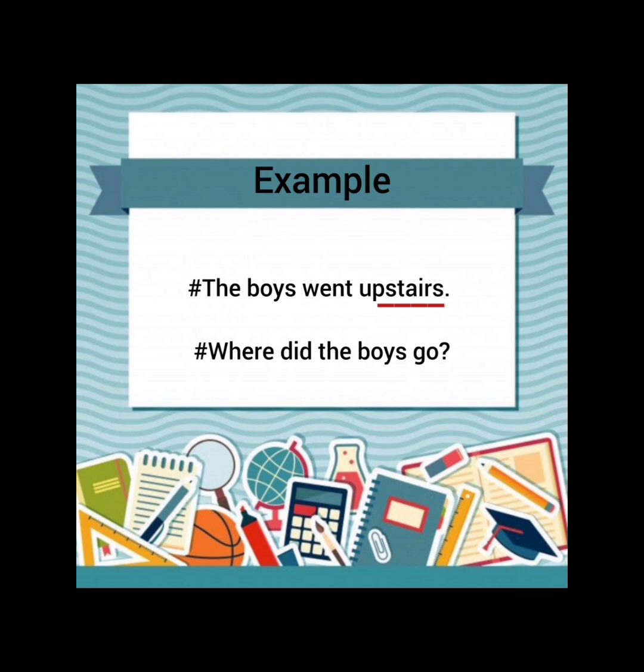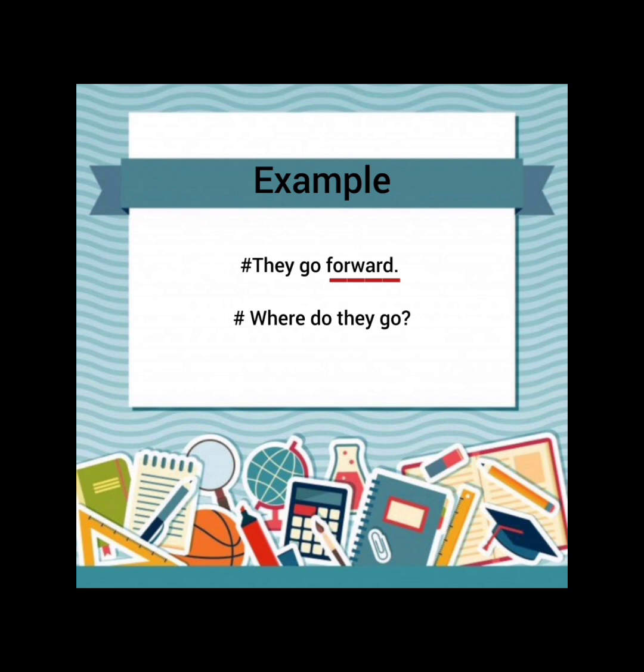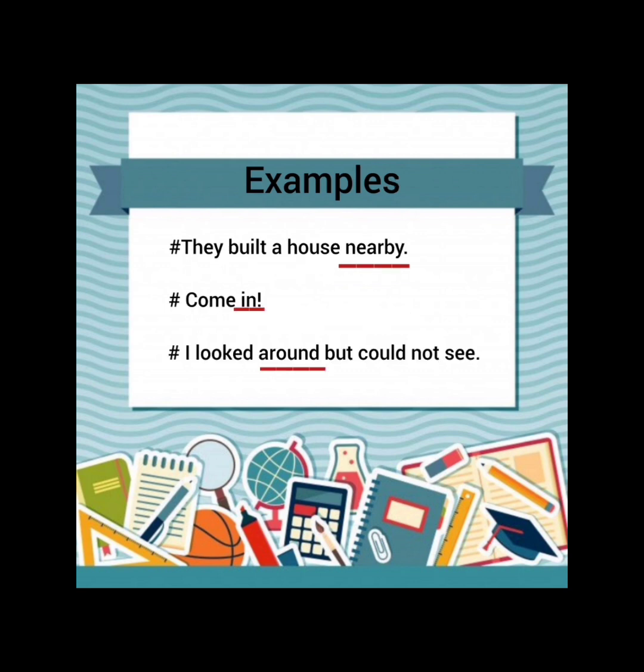Another few examples. They came inside after the game. Where did they come? So, they came inside. They go forward. Where do they go? So, the answer is forward. They built a house nearby.